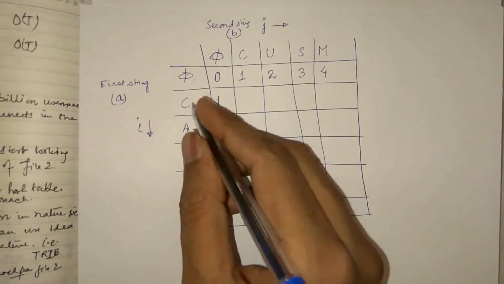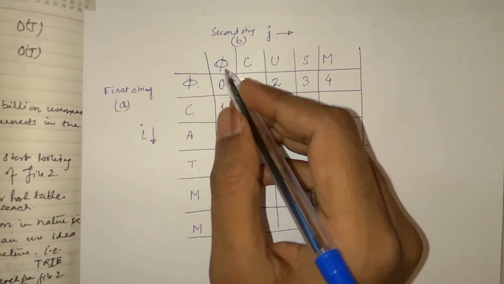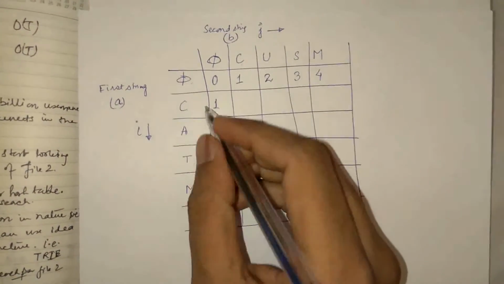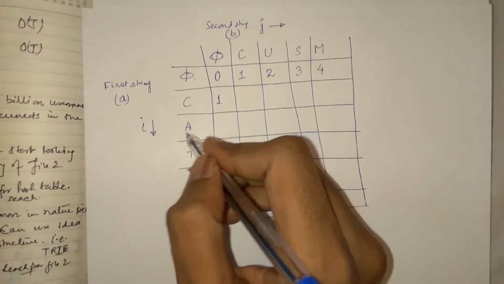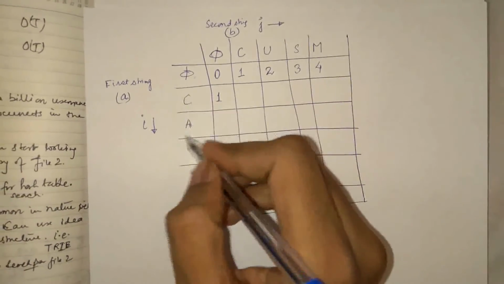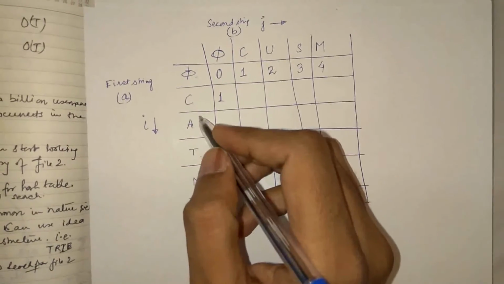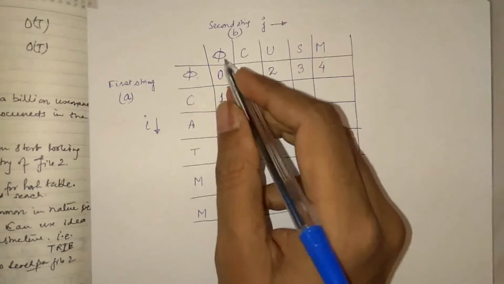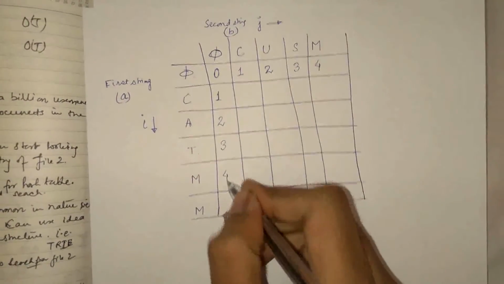We have CA, we need to make it an empty string. So definitely we need to delete this, so deletion will cost this also, because so far we have CA as the first string, and here it is null. So two operations, similarly 3, 4 and 5.